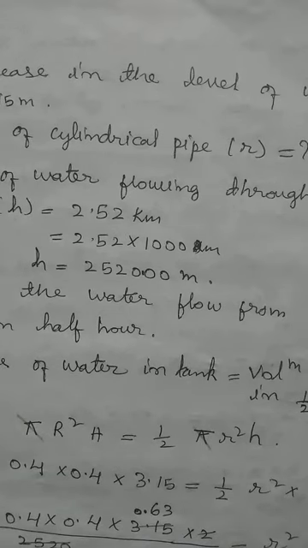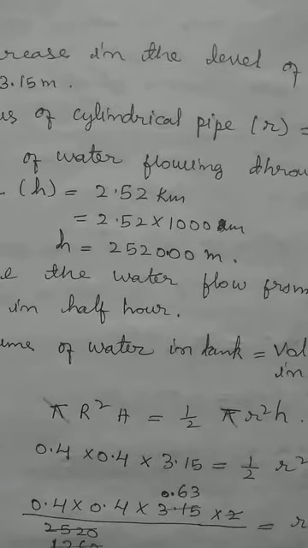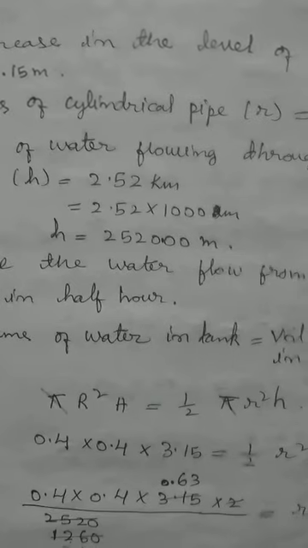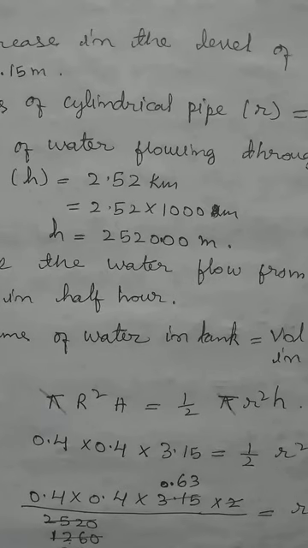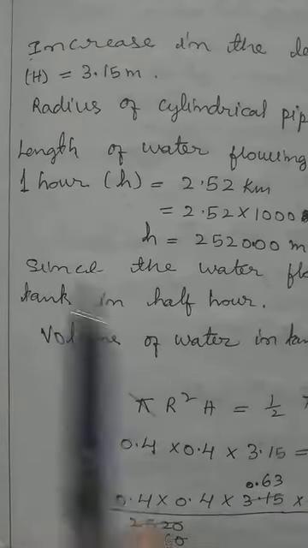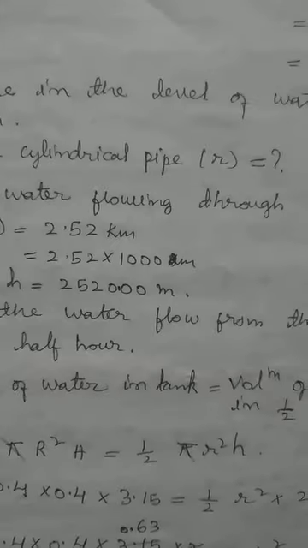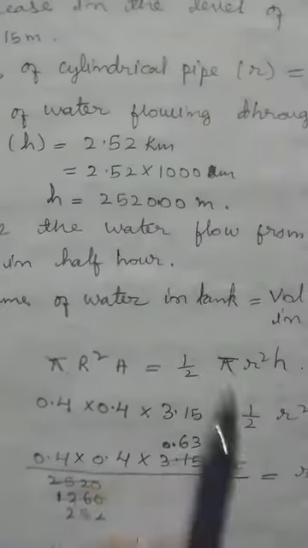Then remember, they say that the water from the cylindrical pipe flows into the cylindrical tank. That means whatever volume we have in the cylindrical pipe will be equal to the volume in the cylindrical tank. It takes half an hour.